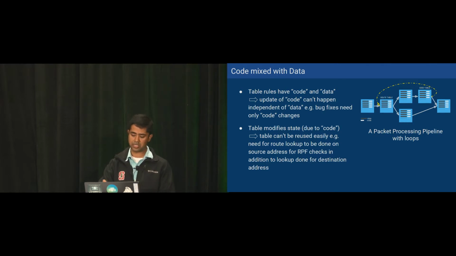So now the route table implementation becomes very complicated. Now it needs to understand that it can be called from several other tables, and it needs to handle these scenarios. So the real reason for this problem is each table rule has both code and data.